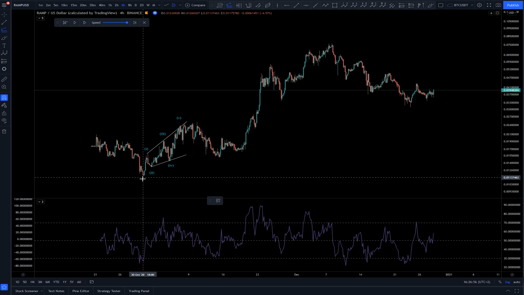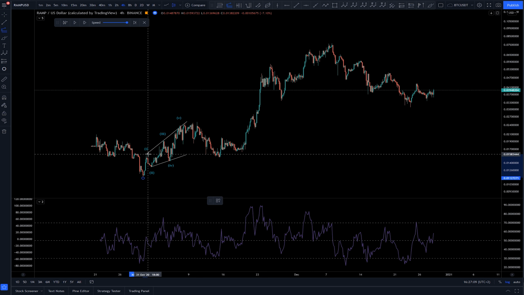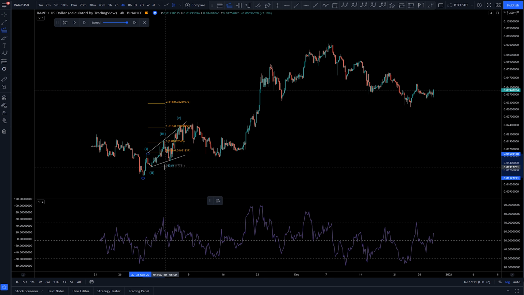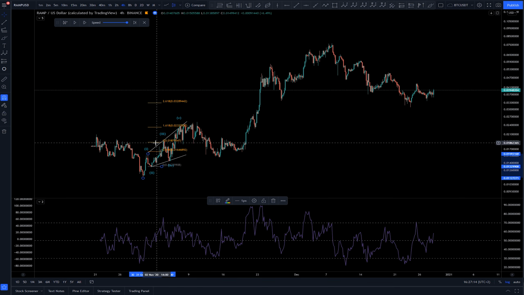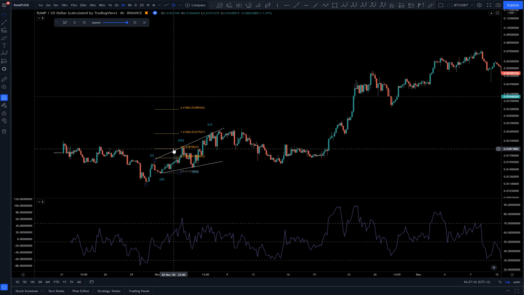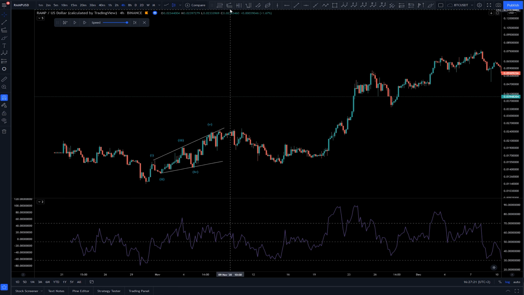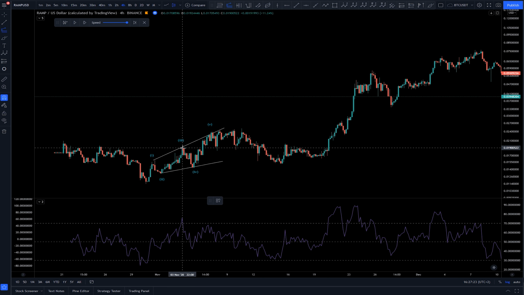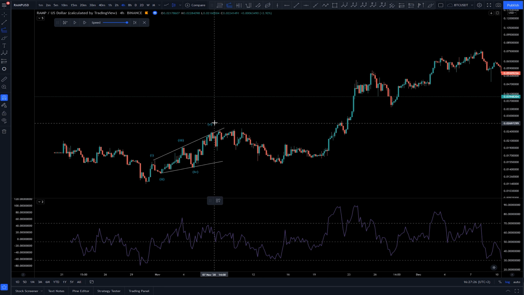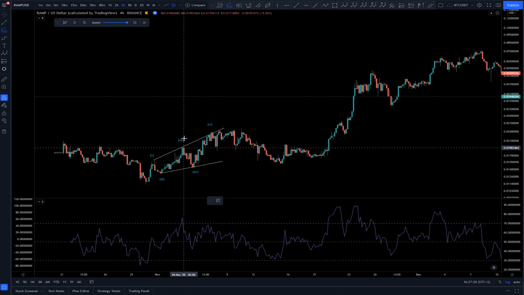We can check the price amount of each wave with the Fib extension tool. How we do that is we measure wave 1 to the bottom of 2, and we can see that it is slightly bigger than wave 3, which means that it is possible for it to be a diagonal. Just to confirm again, wave 5 would be bigger than wave 3 if this is an expanding diagonal.